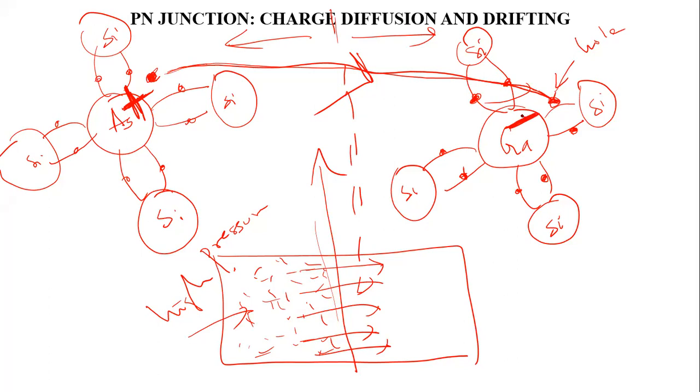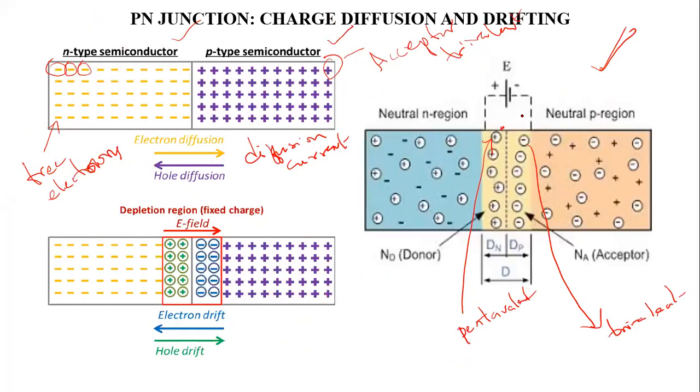So when you form a junction, at the periphery of this junction, pentavalent atoms on the n side will transfer their free electrons to the p side, and after losing the electrons they become positive ions. After gaining one free electron, the trivalent atoms become negative ions. Therefore, in this periphery of the junction, the free electrons will be depleted.